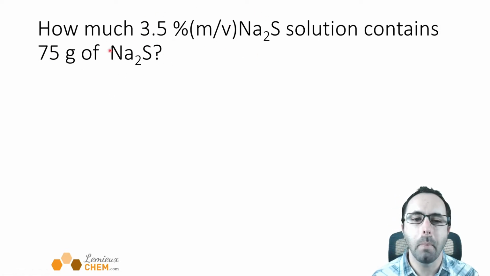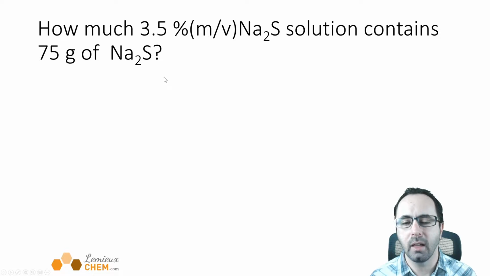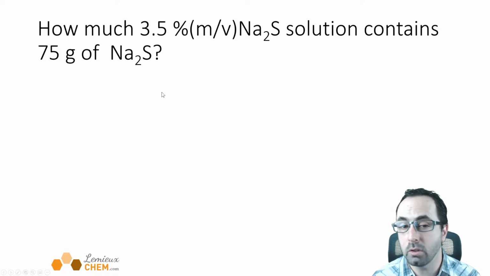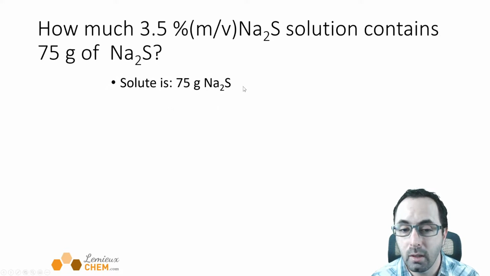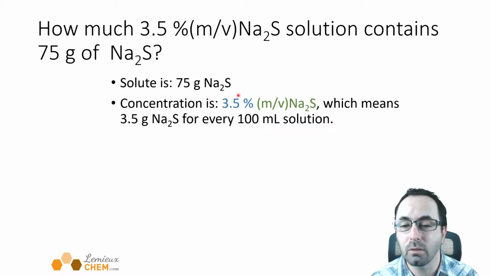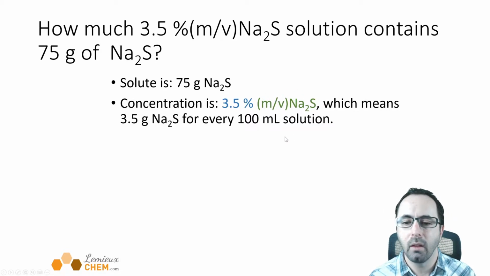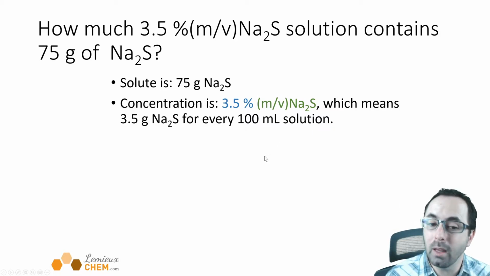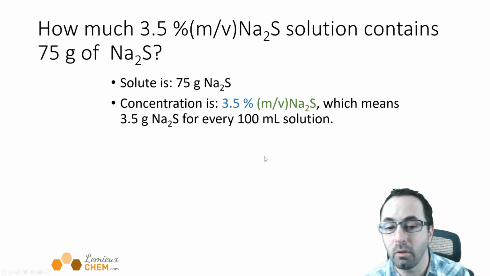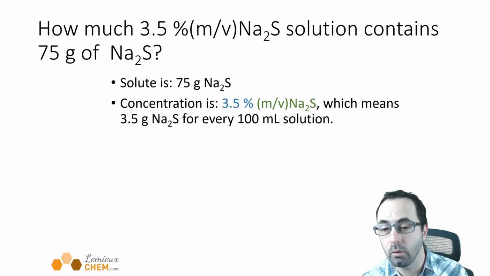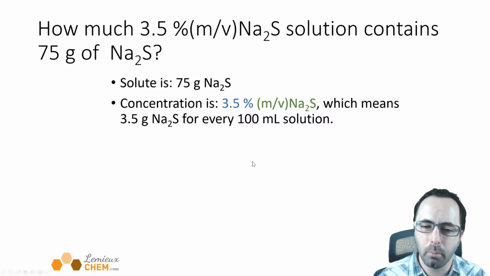We're also given the amount of solute that we want to get, and we're asking how much solution would contain this amount of solute. So our solute is 75 grams of sodium sulfide, and our concentration is 3.5% mass over volume of sodium sulfide. Now, this means that we have 3.5 grams of sodium sulfide in every 100 milliliters of solution. How do I come up with that?